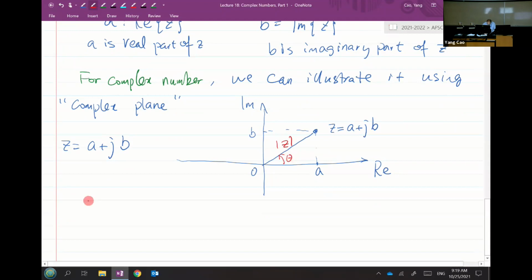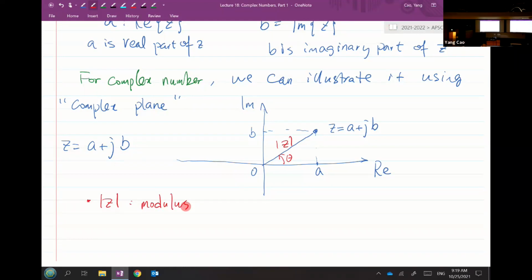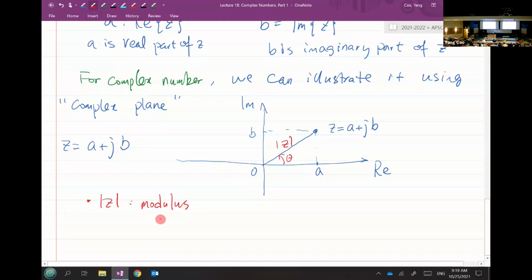This absolute value of Z, we call the so-called modulus. It's more like a vector, we call it the length of the vector. Sometimes you can call it length, and I understand what you're talking about. But technically, this is called modulus.